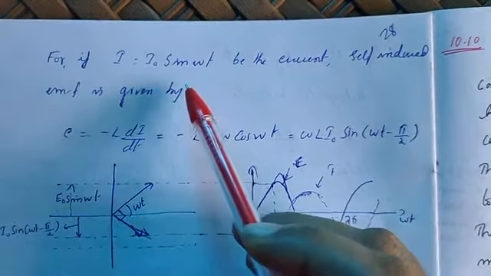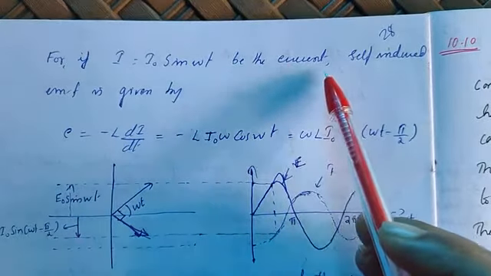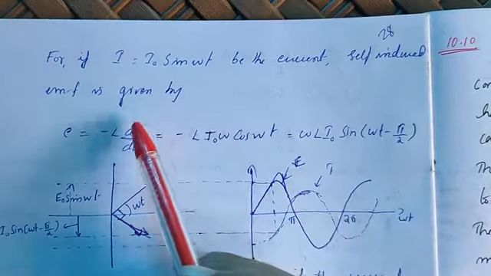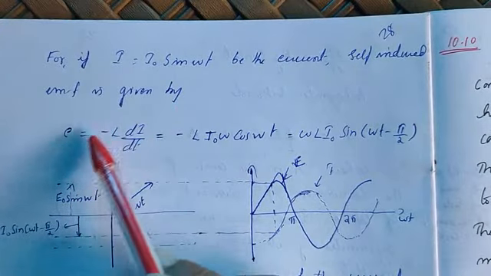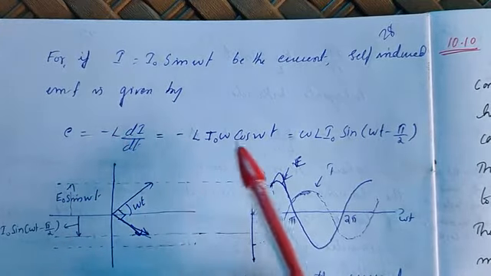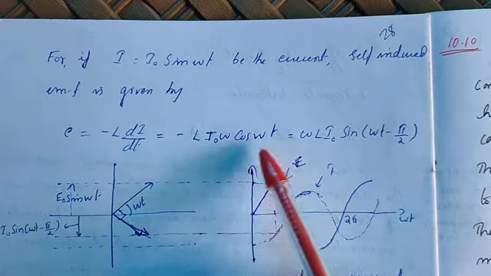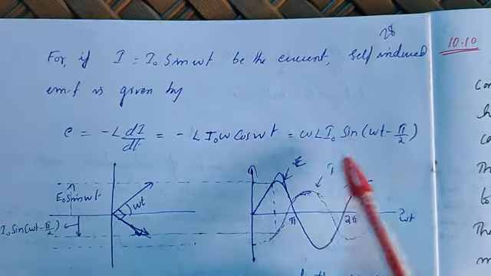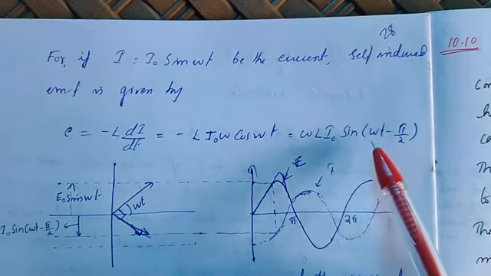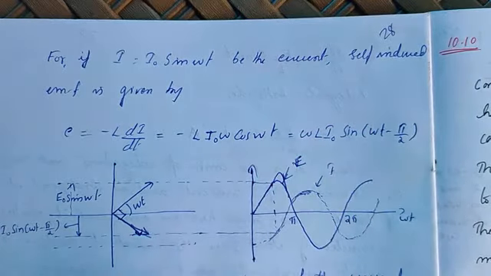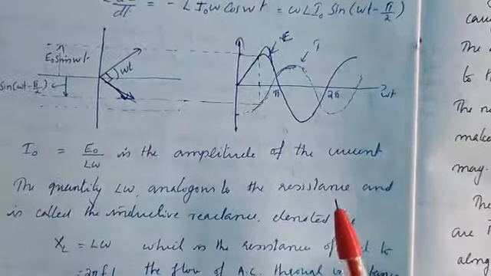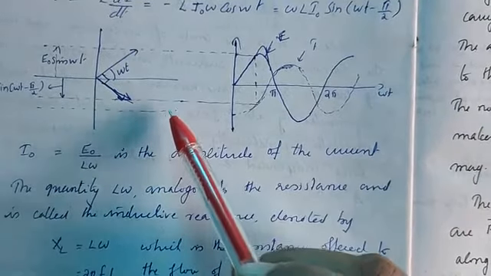If I is equal to I0 sin omega t be the current, the self-induced EMF is given by E is equal to minus L into di by dt, which is minus L I0 omega cos omega t, which can be represented in sine form.